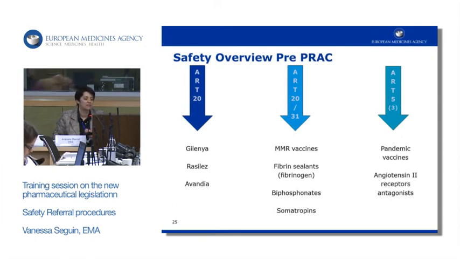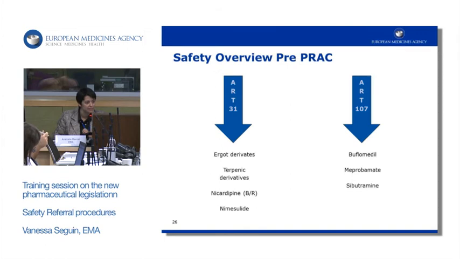And then these Article 5.3s I referred to at the beginning are really a scientific opinion. It doesn't have any binding decision. It doesn't go to the Commission, but it's just an opinion of the committee on a specific scientific issue that can be a safety issue. These were two cases that we had.